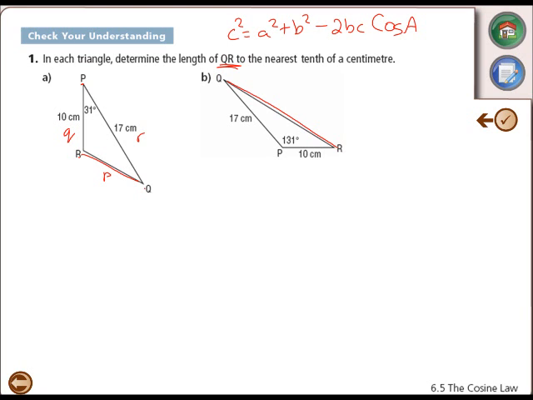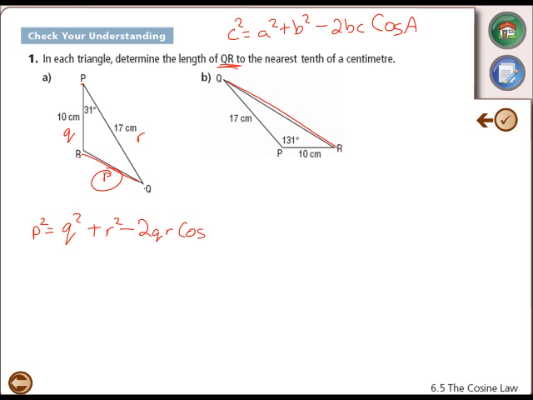Well, let's go through it. I'm looking for p. So p squared equals, we've got the a's and the b's, so the other 2, we're going to add the other 2 squared. So q squared plus r squared minus 2 times the other 2, q and r, and then the cosine of the related angle.